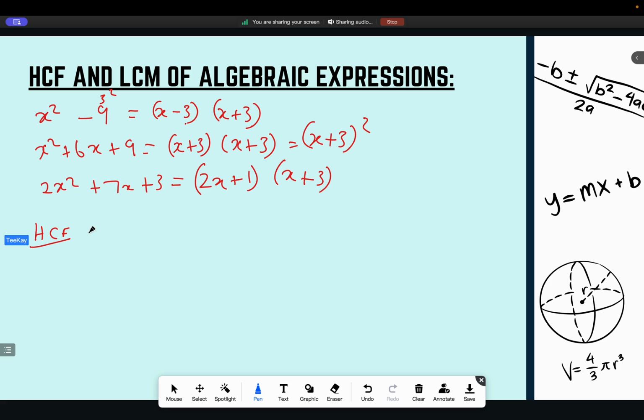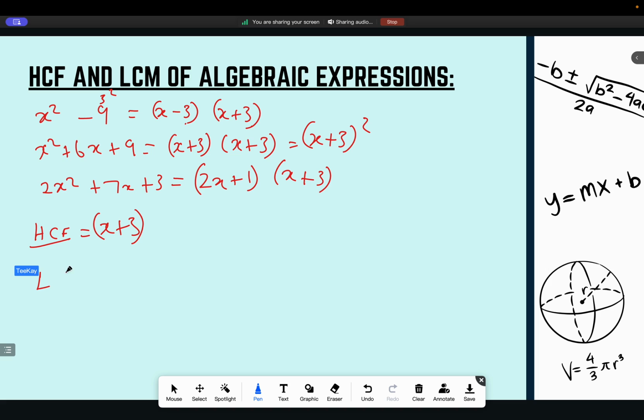What we have to do here is look for something that is common everywhere. So let's see, x minus 3, oh, it's not common. x plus 3, yes, it's common here, and it's here. So our answer will be x plus 3. So you're done with the highest common factor.